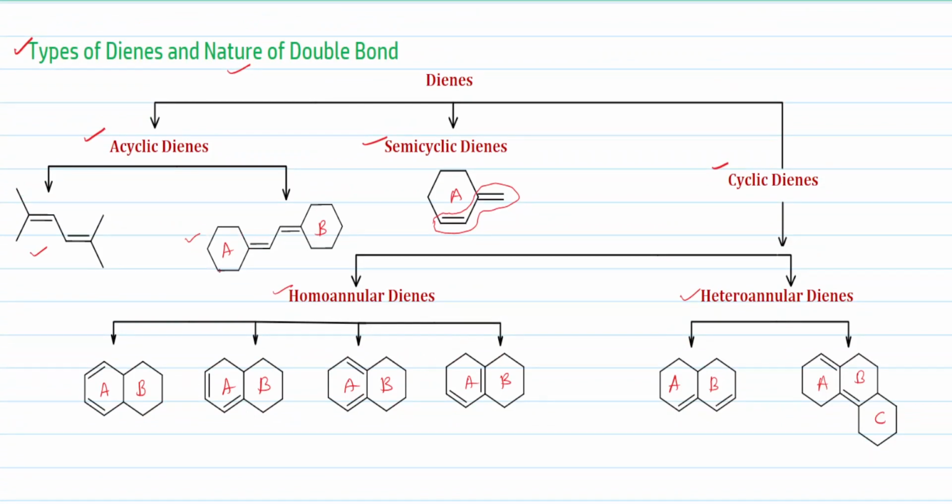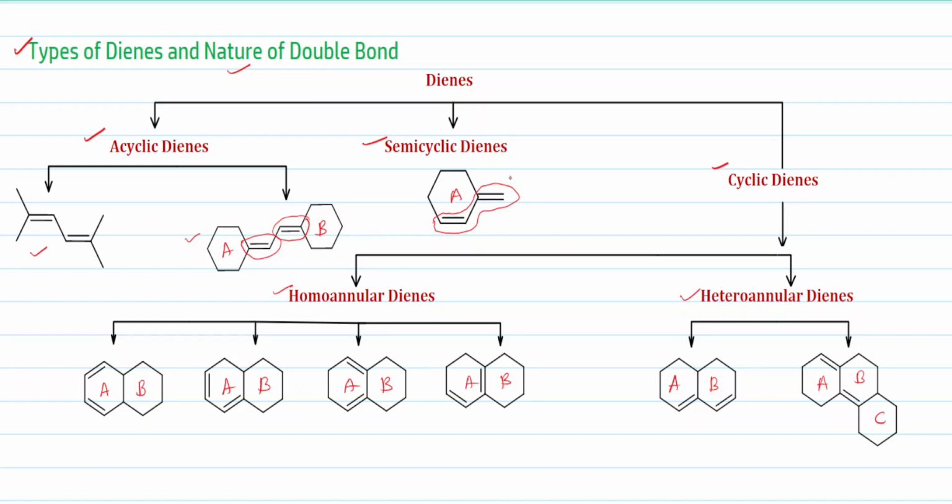This is the ring and this double bond is just outside the ring, but it is attached to this carbon, which is a carbon of this ring. This type of bond is called an exocyclic double bond: the bond which is outside the ring but attached to that ring through one carbon.